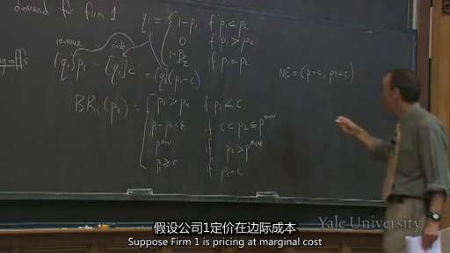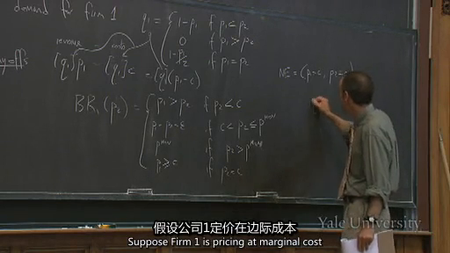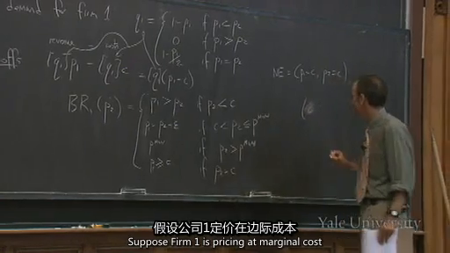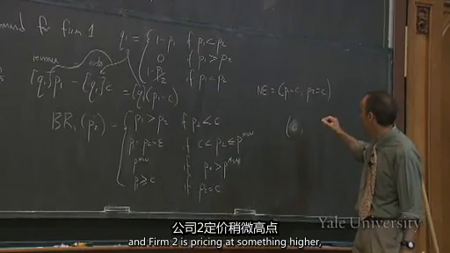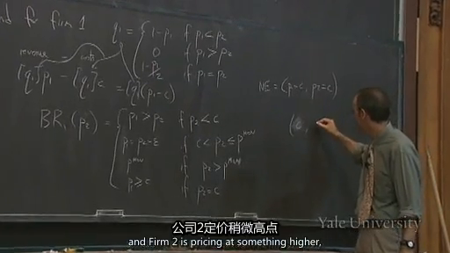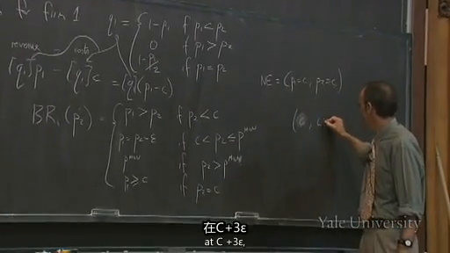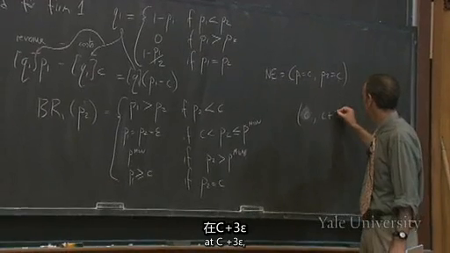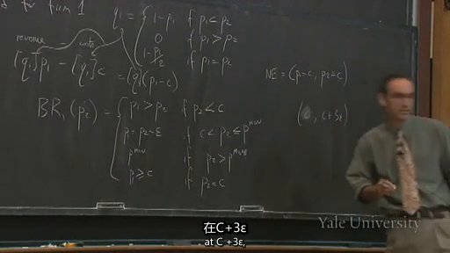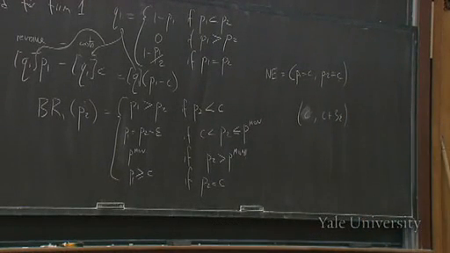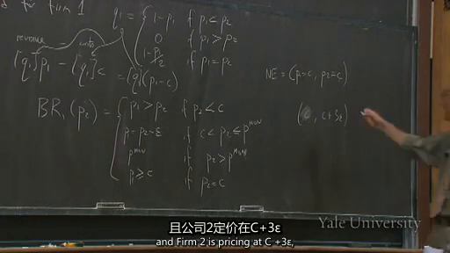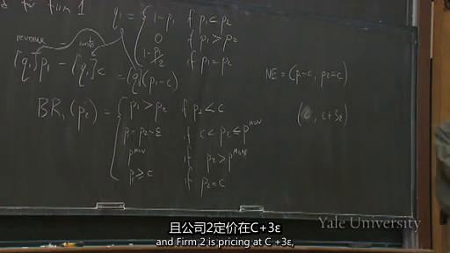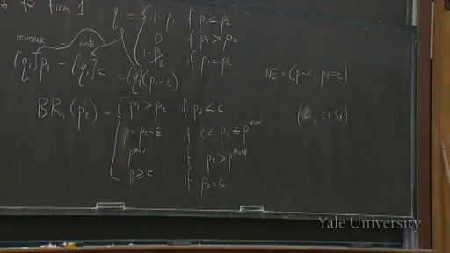Suppose firm 1 is pricing at marginal cost, and firm 2 is pricing at something higher, at C plus, I don't know, 3 epsilon, a little bit higher. Is this a Nash equilibrium?